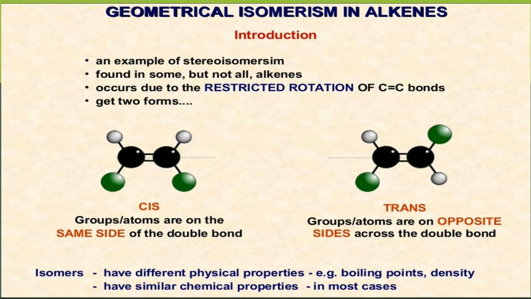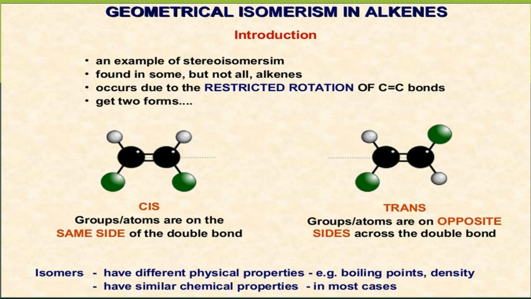An example of stereoisomerism is geometrical isomerism, which is found in some but not all alkenes. It occurs due to the restricted rotation of carbon-carbon double bonds, giving two forms.